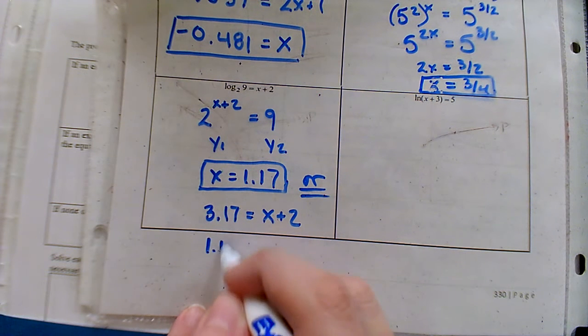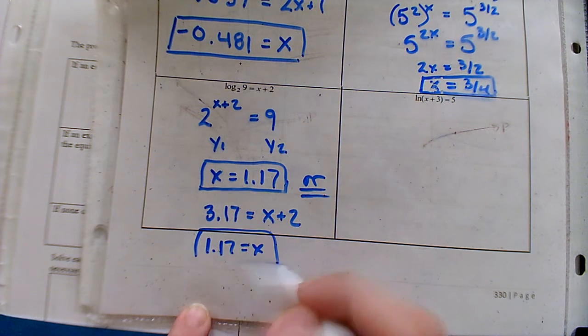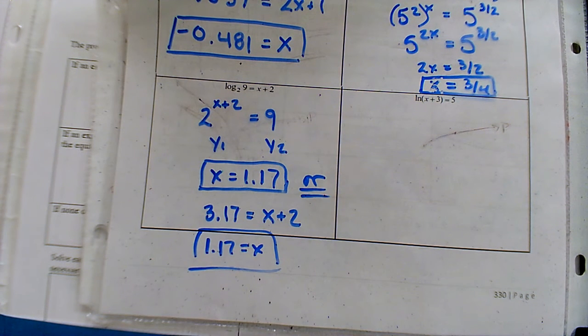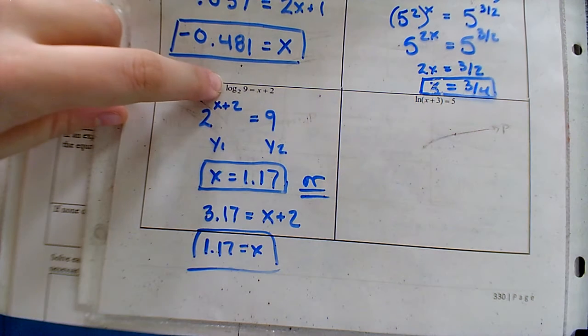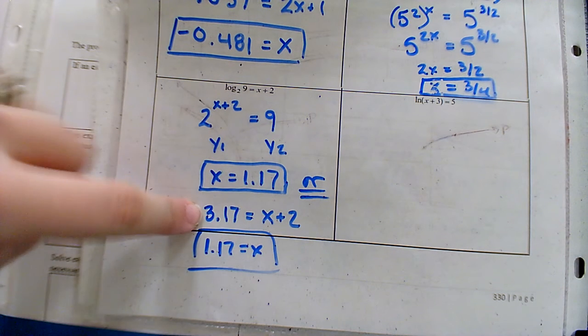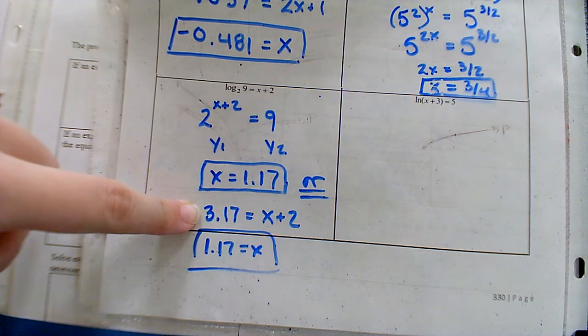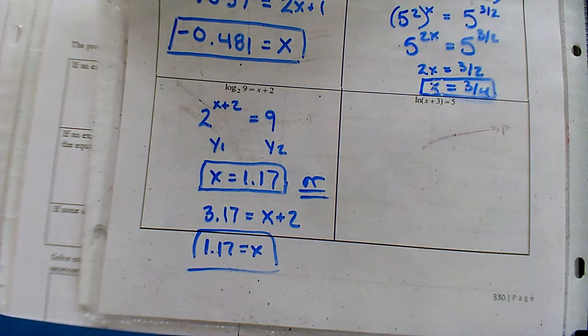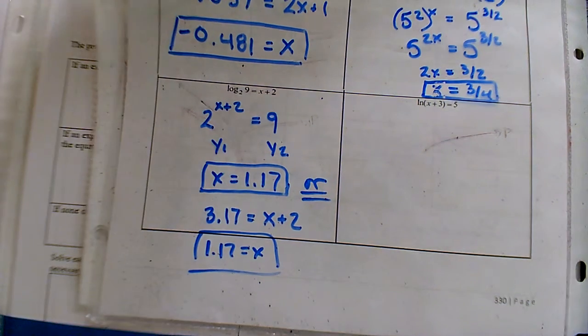If we subtract 2, we'll get 1.17 for x, the same answer we got from the calculator. So maybe you have multiple options. You want to graph it to find an intersection. Maybe you can change the base on your calculator to find the value of the log to help you solve by hand. Okay, we got plenty of options.